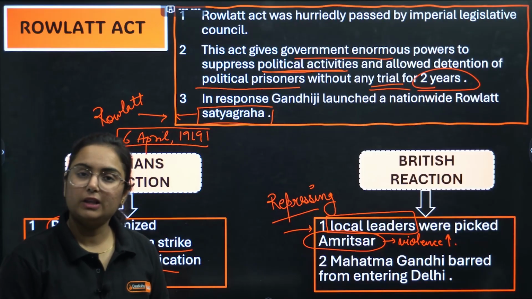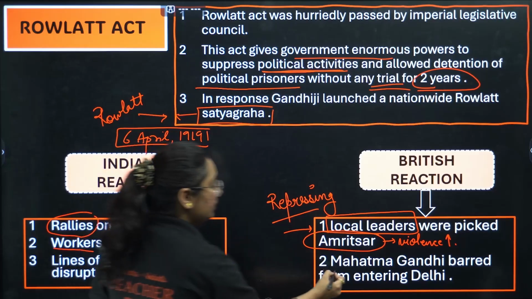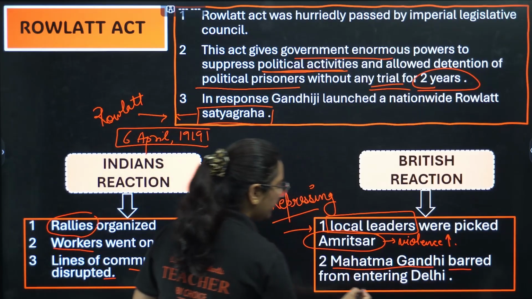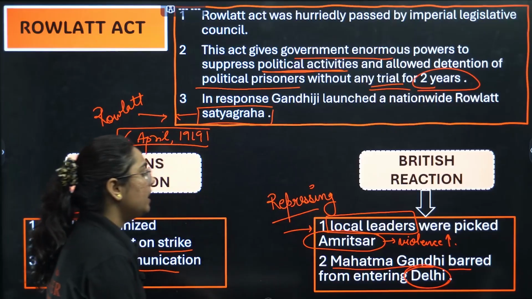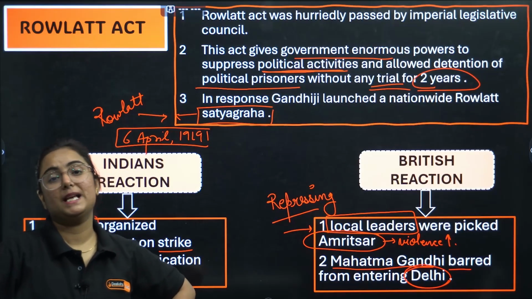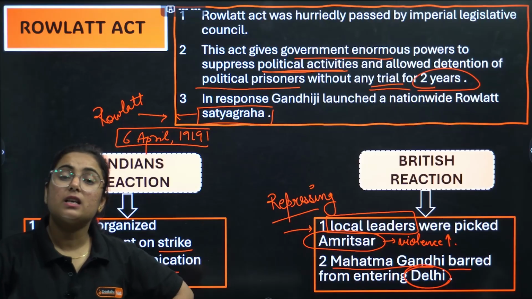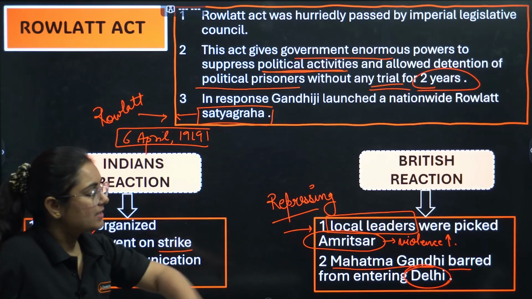So they picked all the local leaders from Amritsar. Even Mahatma Gandhi was barred from entering Delhi, because they thought that if he entered Delhi, he could get a political base and collect more people. So this was done by Britishers.